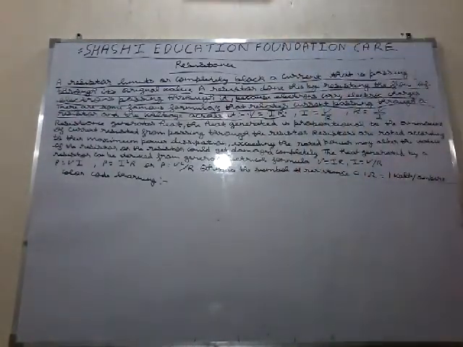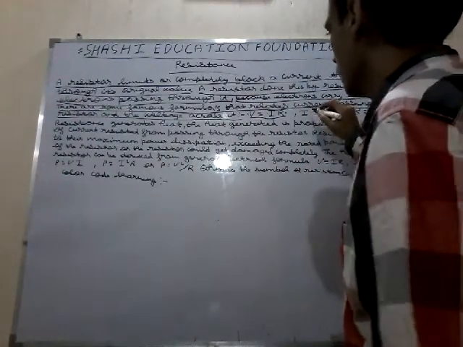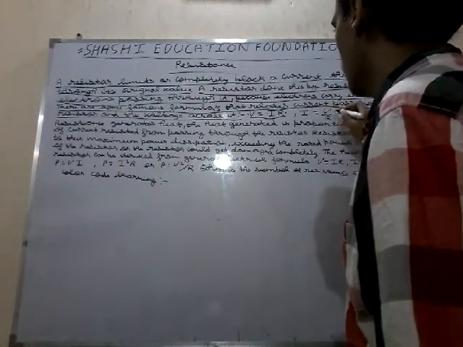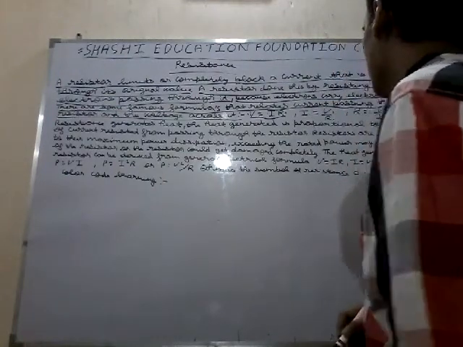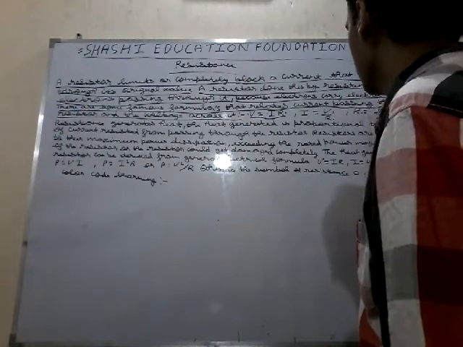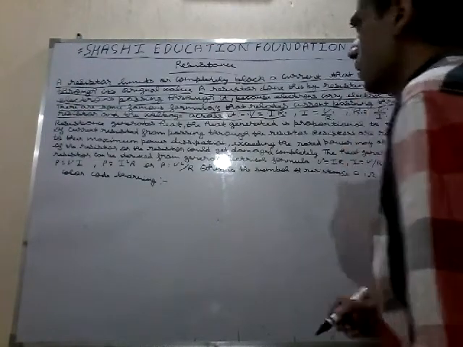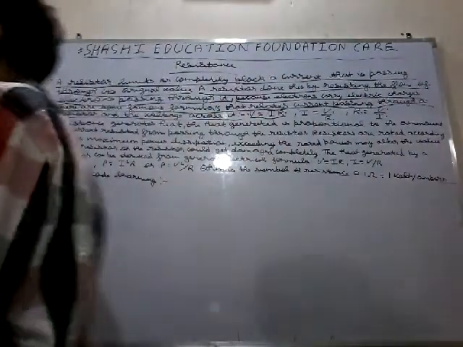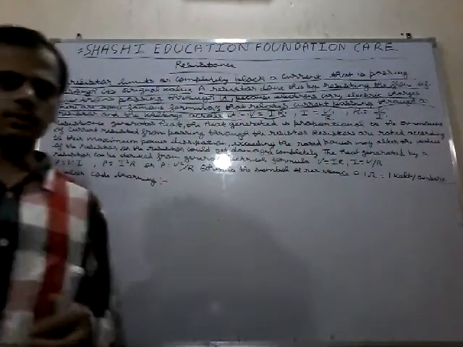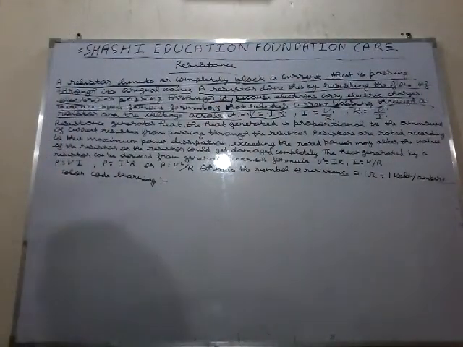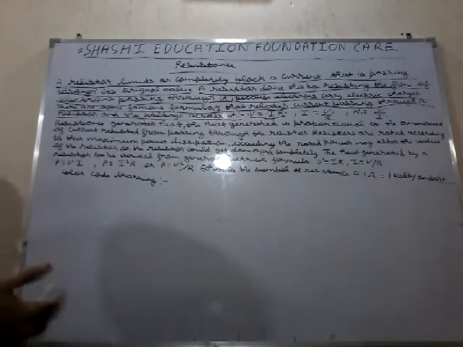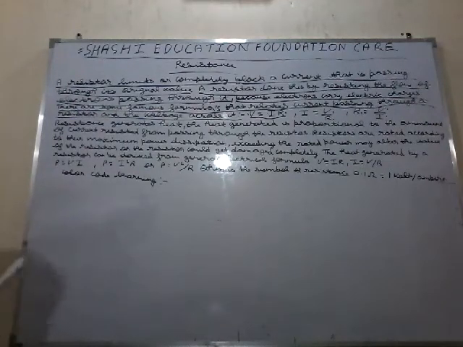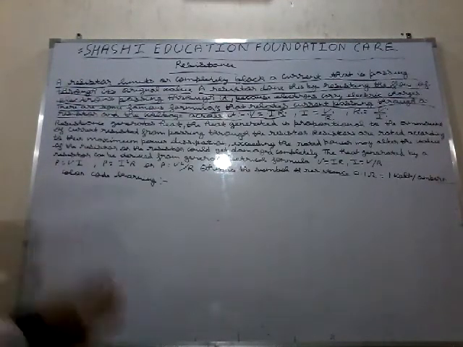So V equals I into R, I equals V upon R, and R equals V upon I. These are the basics you learn in 9th or 10th grade, and also in 11th or 12th if you are in a science background.